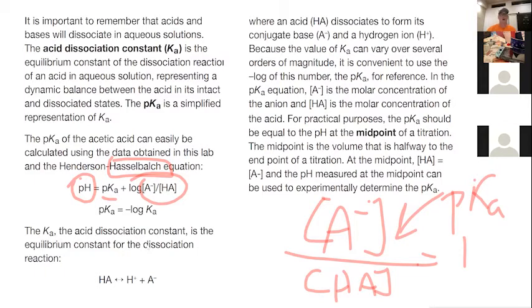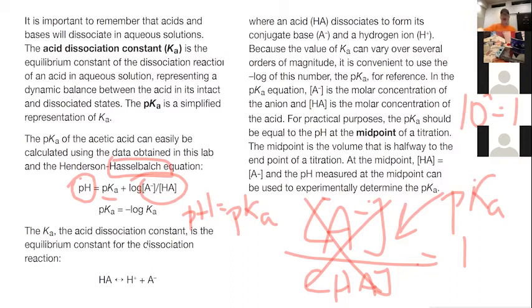What is the log of 1? 10 to the what power equals 1? 10 to the 0. That's right. And so this becomes 0. And at that point, the pH actually equals the pKa.